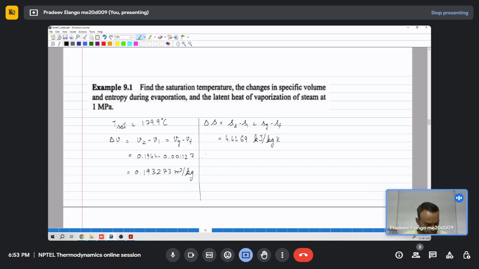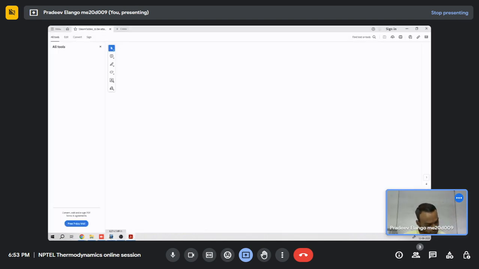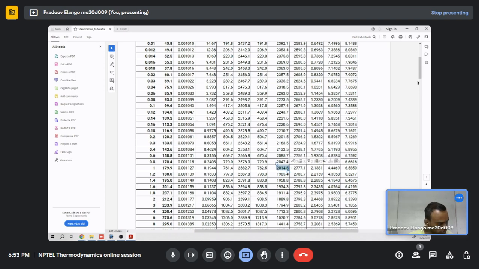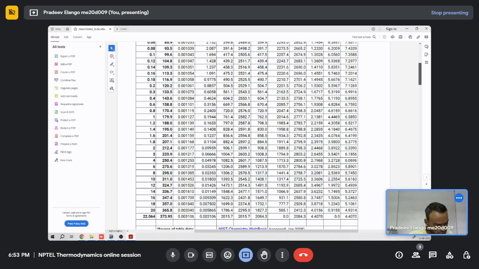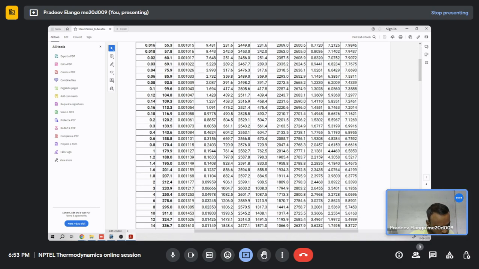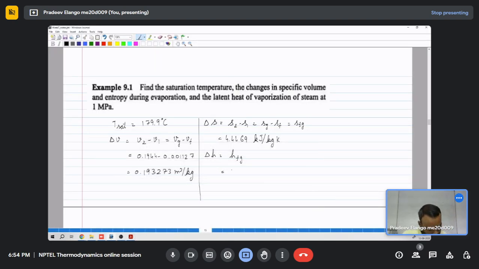And the latent heat of vaporization is delta H, so this is again hfg at 1 megapascal, which is 2014.6. So we have found all the values that are asked.